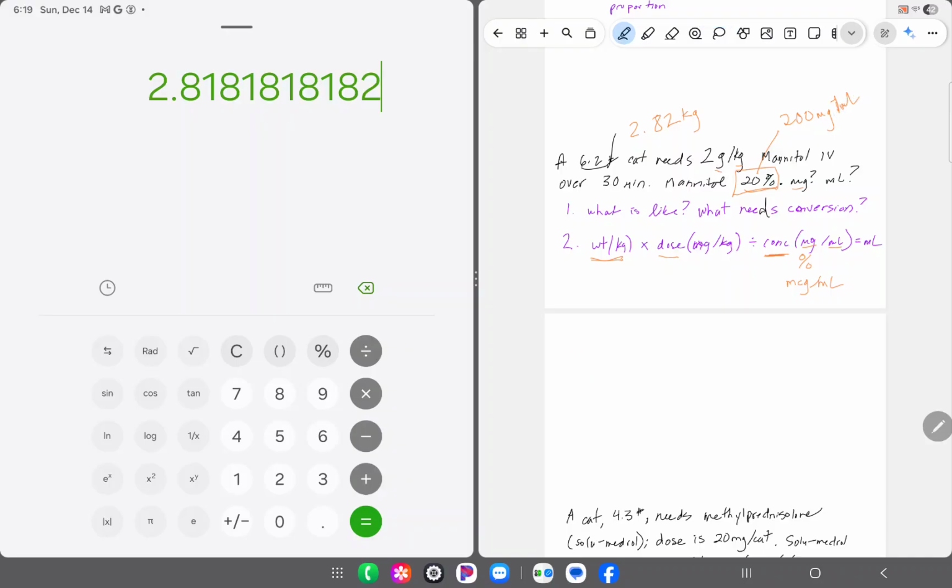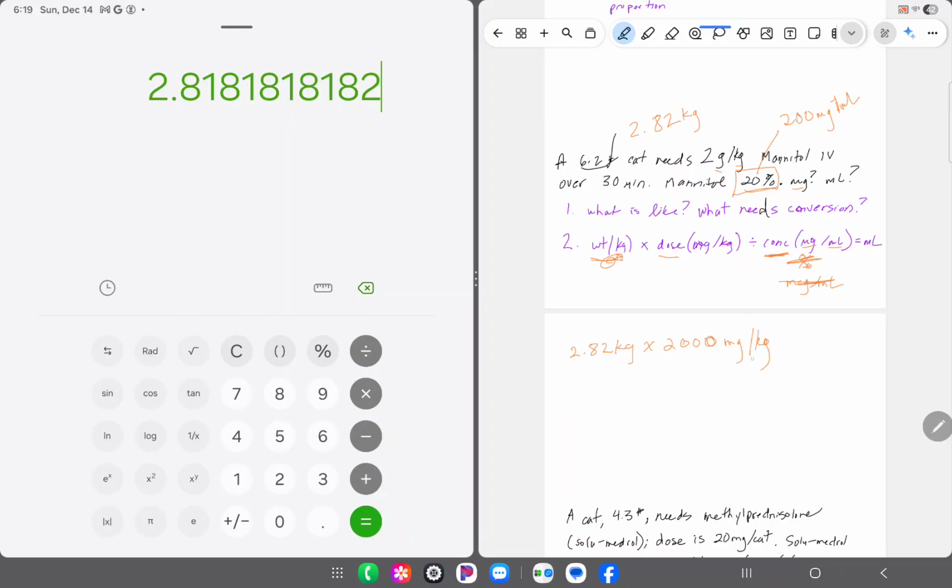So now, do I have all my pieces? I have a weight in kgs. I have a dose in mig per kg. I sure do. And I have my concentration changed from a percent into a mig per mil. All right, so 2.82 kgs times 2,000 mig per kg.